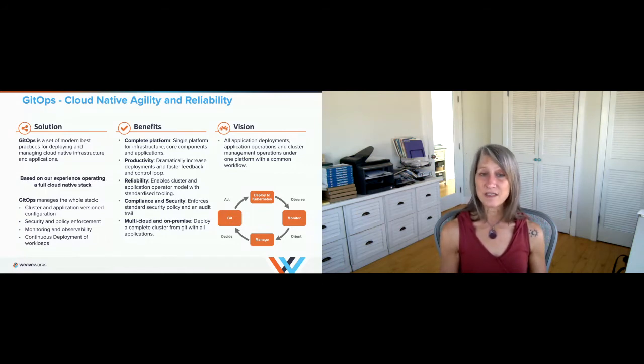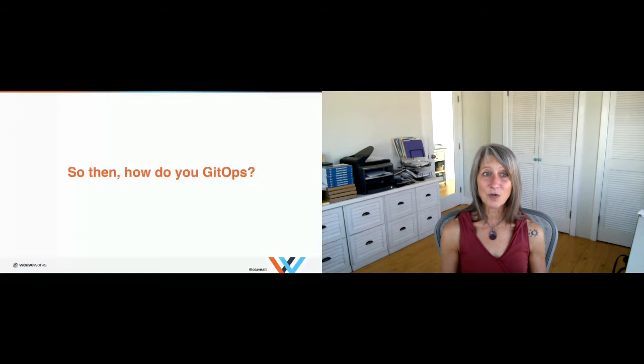Things like disaster recovery become almost trivial if you're doing GitOps in the right way. And so given that these are the values that we want to achieve, it is, again, very important that you do GitOps the right way. And so that's the question that I want to pose here, and the question that I want to answer over the rest of the time, which is, so what is that right way that you keep speaking to?